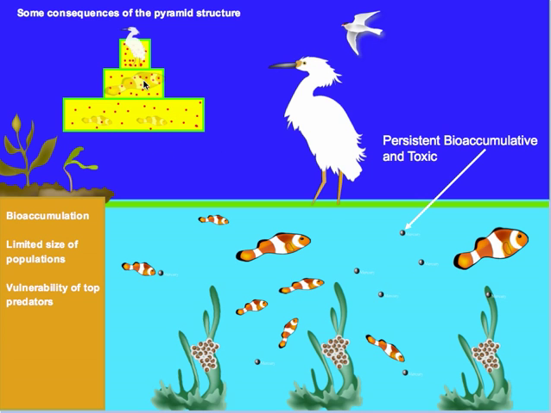So this effect gets magnified as you go up the food chain. So this is why you would call this phenomenon biomagnification, and the act of accumulating the PBT in the body tissue is referred to as bioaccumulation.